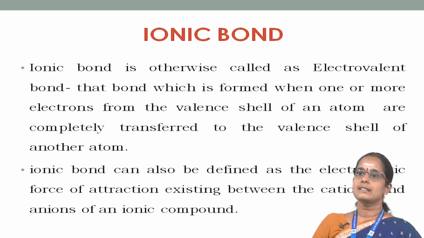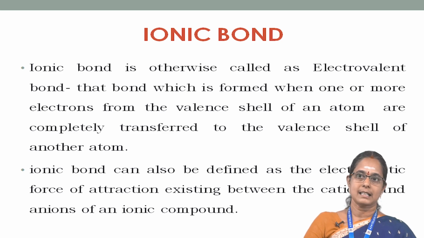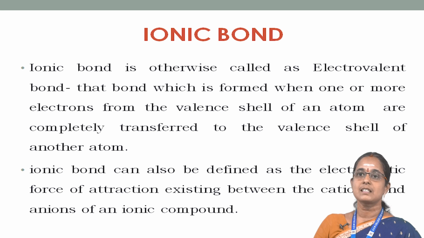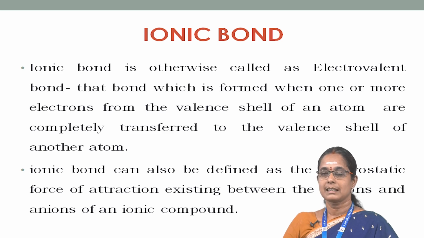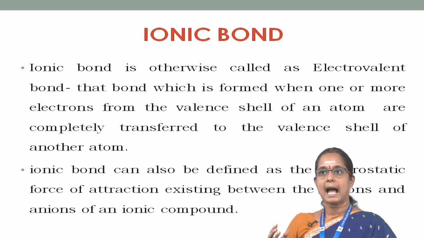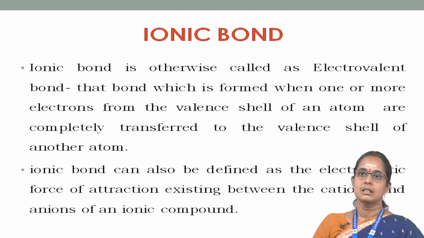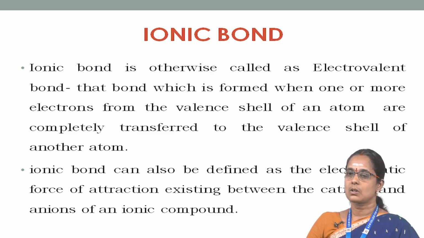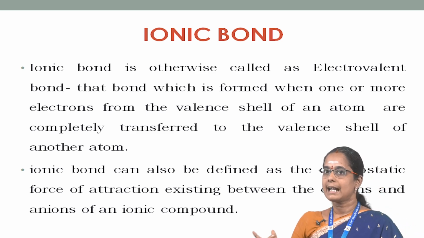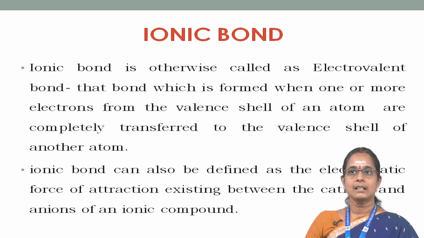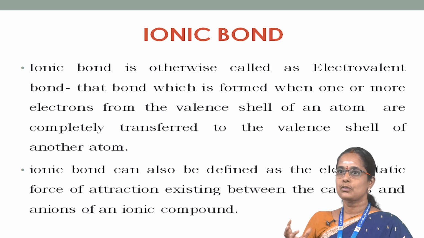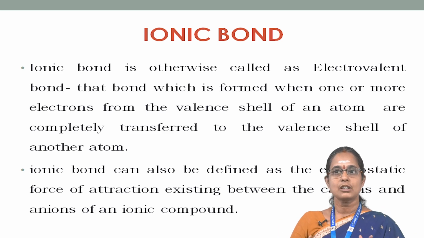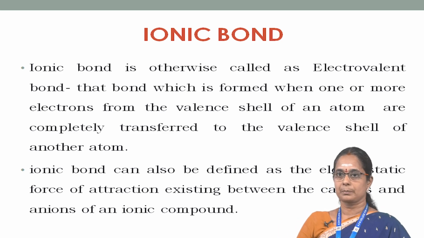Thus, an ionic bond is established between two atoms whose electronegativity difference is very high. The atom that loses electrons becomes positively charged, that is a cation, while the atom that accepts electrons becomes negatively charged, which is known as an anion. The cations and anions then attract towards each other by the electrostatic force of attraction and are thus linked together by an ionic bond.